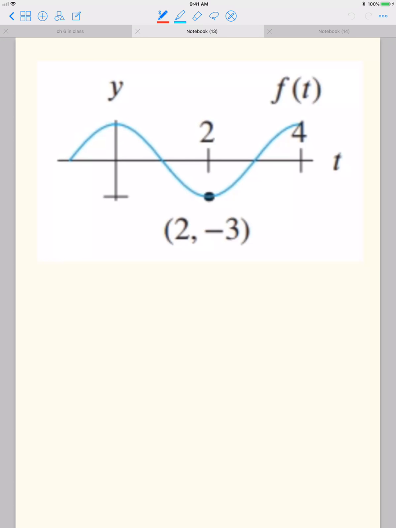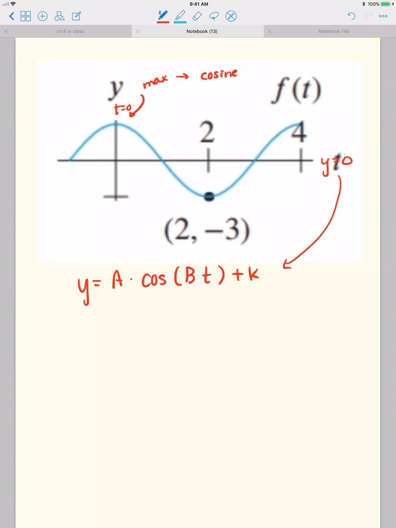Next graph, when t equals 0, the graph is starting at a maximum. So that means this is a positive cosine function. So we'll have y equals some variation of the cosine of t. You'll see that your midline is here at 0, so there's no k value to add or subtract to make it shift vertically up and down.